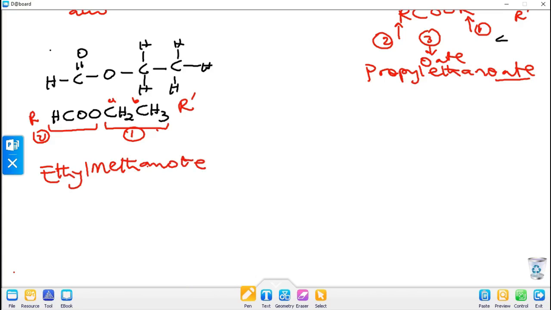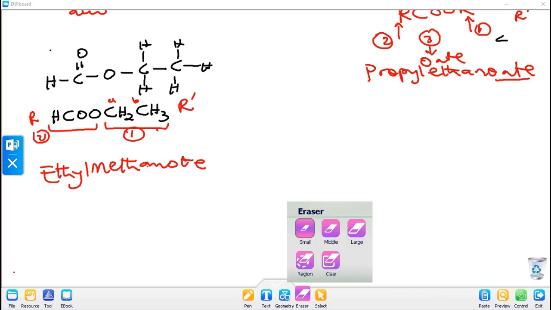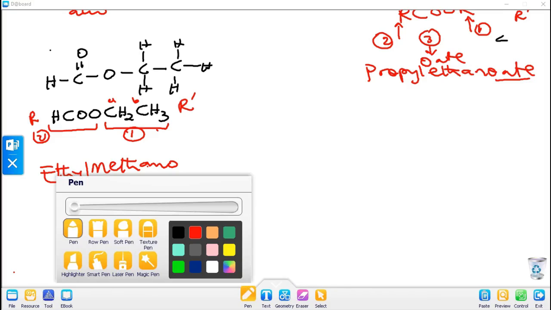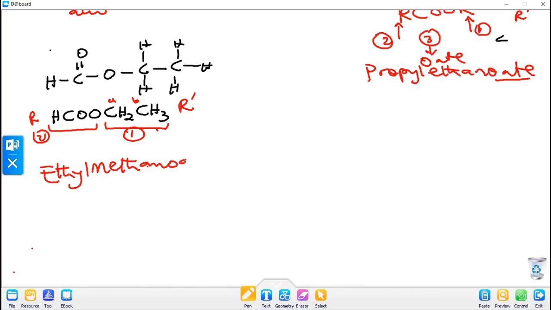Let's write it very well: methanoate. This is how to write the name of any ester. So the right name of the compound is ethyl methanoate.